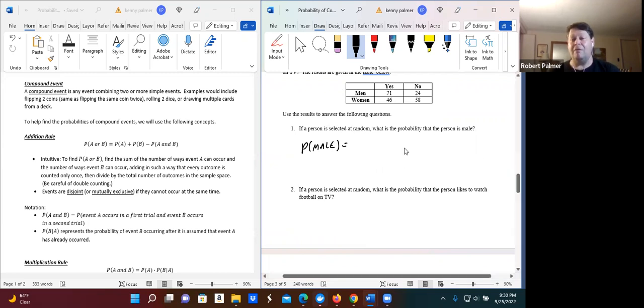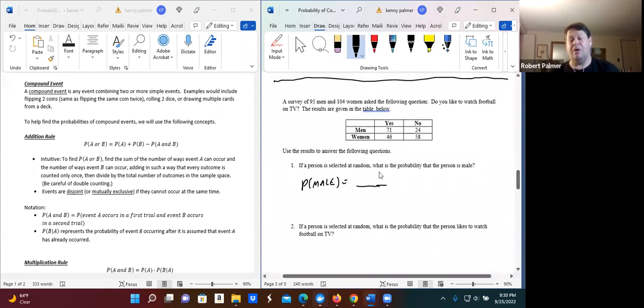The probability is the number of outcomes we're looking for out of the total number of outcomes, or the total sample space. So we see there are 95 men. It doesn't say explicitly how many people there are, but we can add that up. That's 95 plus 104, which is 199 total.